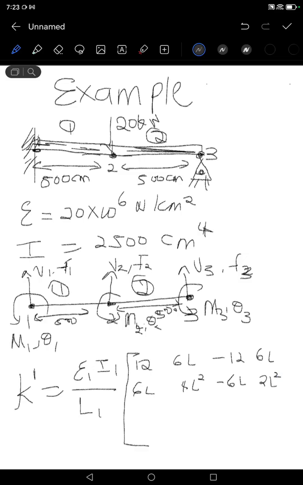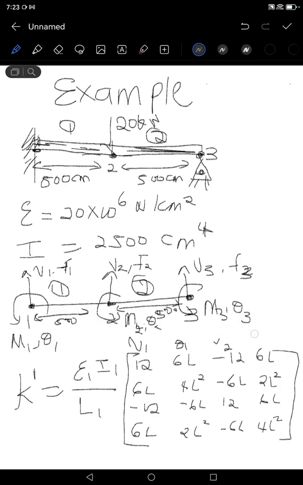Okay, after here we're going to have negative 12, negative 6L, 12, 6L, and then 6L, 2L squared, negative 6L, 4L squared. There's no need to cram this formula, it's going to be given. And then here we're going to have V1, theta 1, V2, and theta 2. Okay, so we call these the slope or nodal deflection or deformation, the rotation and displacement.